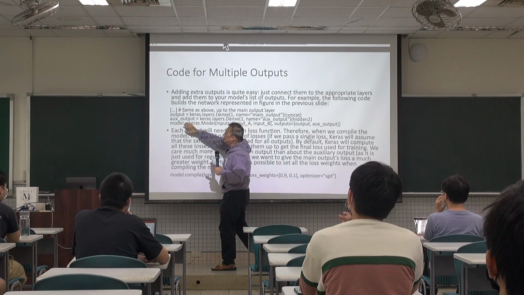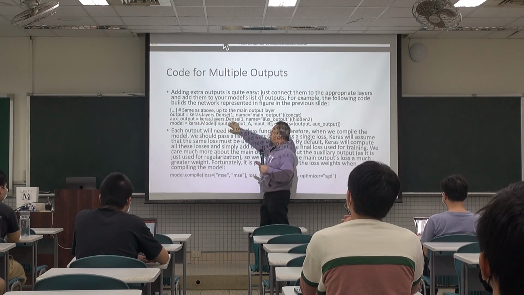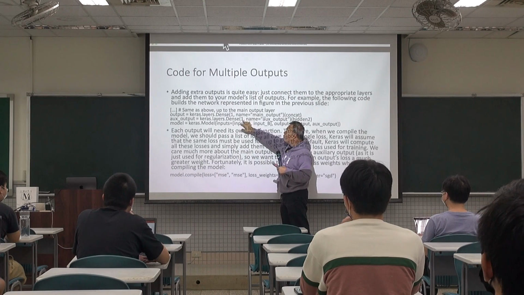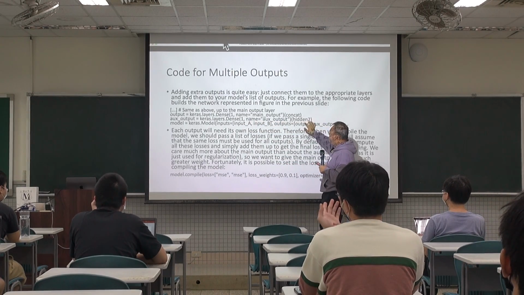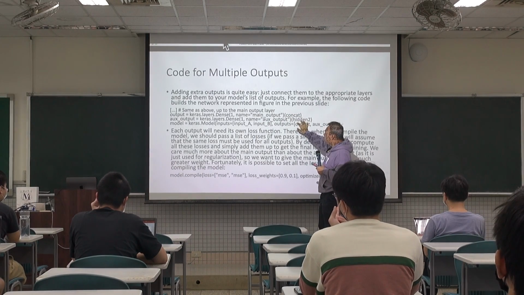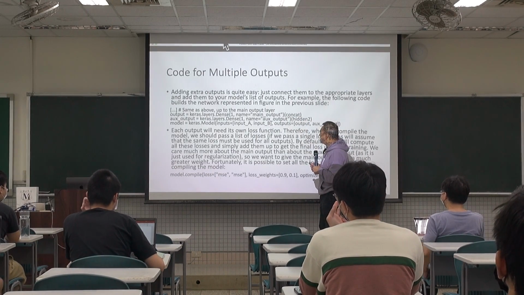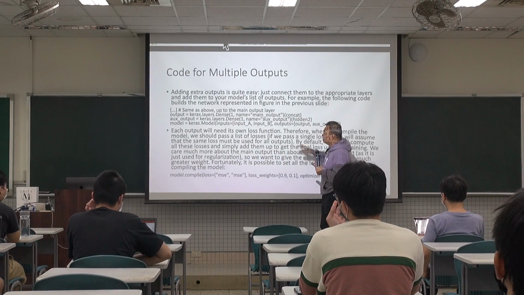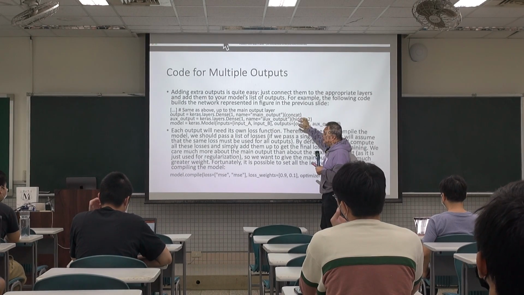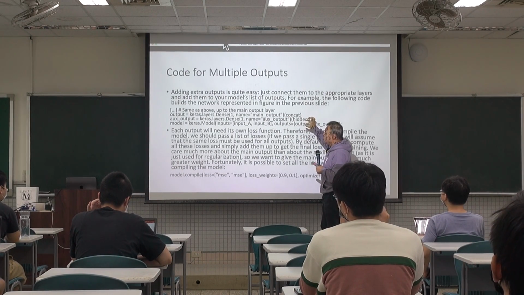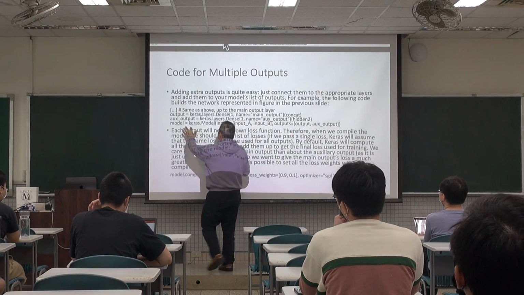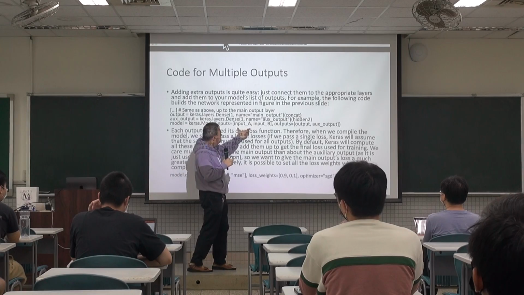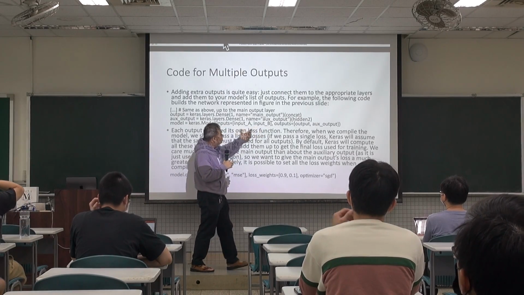We call it aux output, and it has one neuron, which uses the second hidden layer as the previous layer. And the most important thing is, when you create a model, you can see you need to specify not only two inputs, but also two outputs.